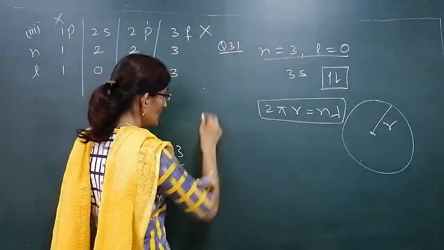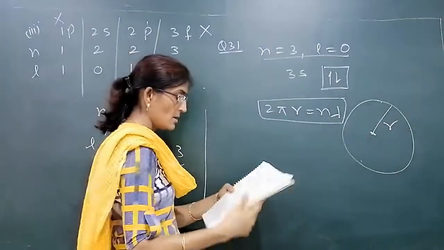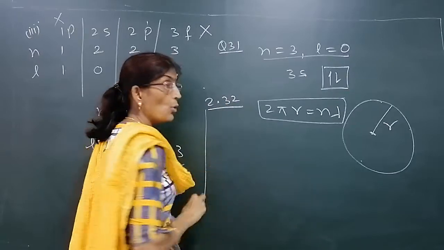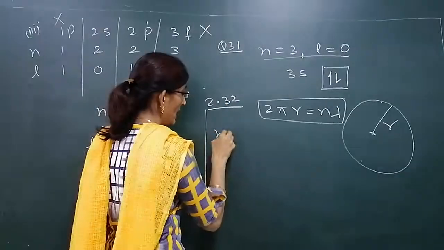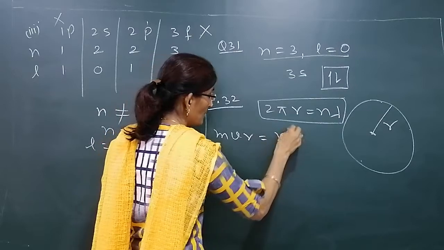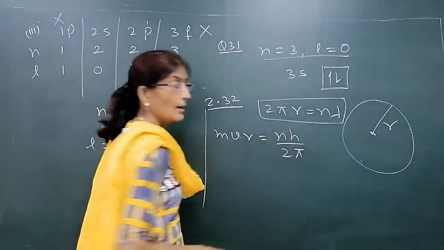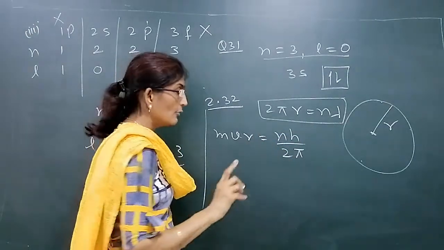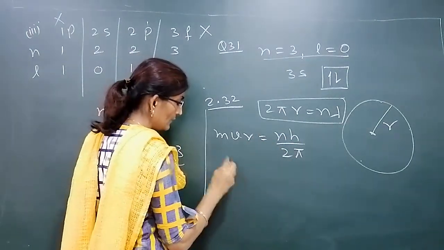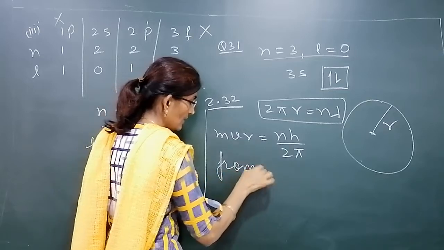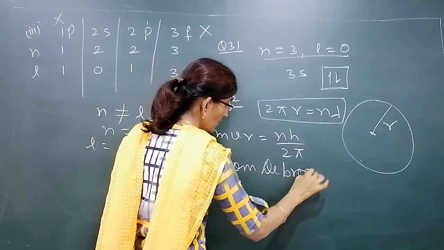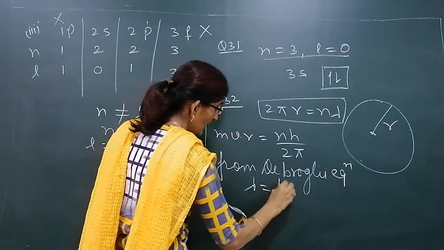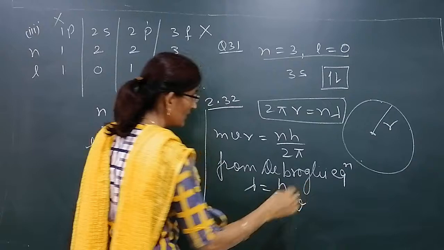How to prove this? In Bohr's postulate we had done that angular momentum is equal to nh upon 2 pi. Angular momentum of the electron is an integral multiple of h by 2 pi. From the de Broglie equation we know that lambda equals h upon mv.